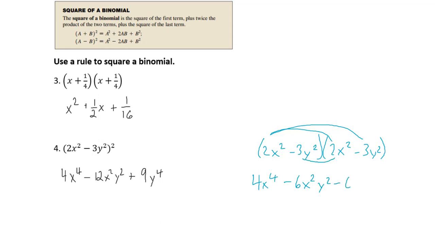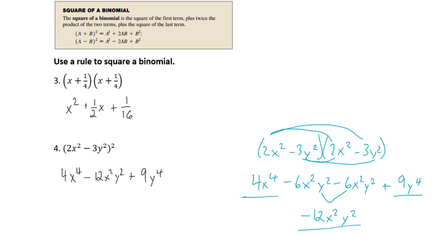Multiply, get negative 6x squared y squared. And get positive 9y to the 4th. Combine your middles and you get negative 12x squared y squared. And as you see, same exact terms that we had in this trinomial.